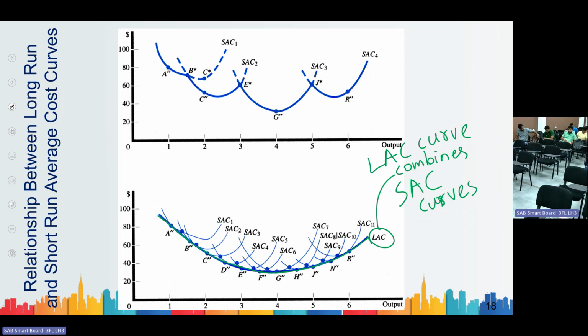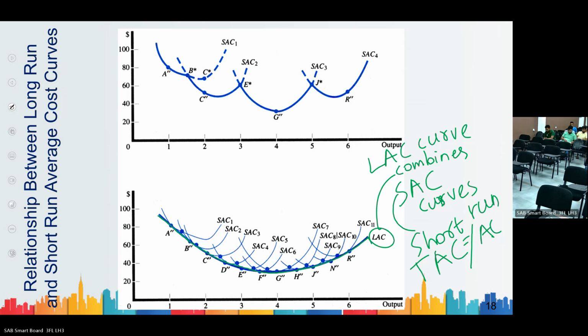The average cost means short run total average cost. Short run total average cost, or AC, both mean the same thing.